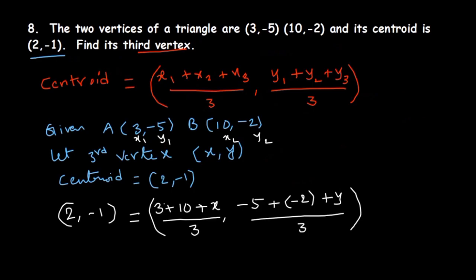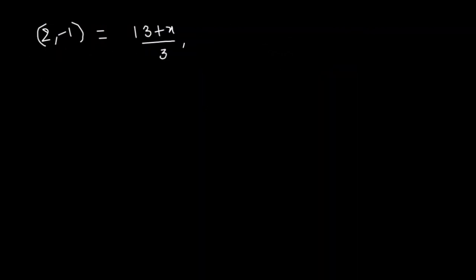Okay, so here it is 3 plus 10, 13 plus x. In the next step, the centroid (2, -1) is given already. So here we have now 13 plus x by 3, and -2 minus 5, which is equal to -7 plus y by 3.